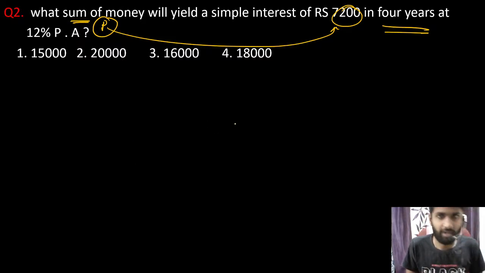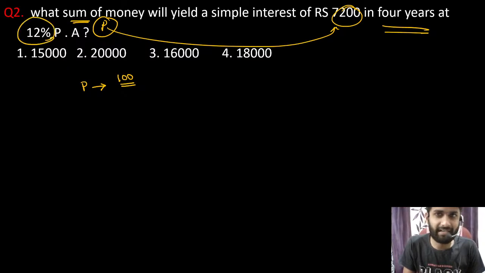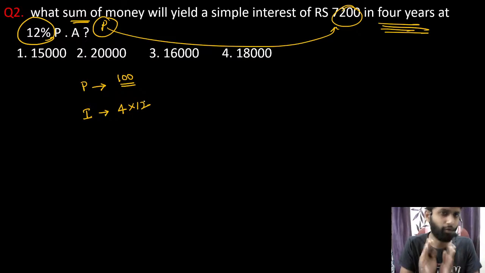Now see, simple guys. Just assume, don't take any value. 12% means you just assume 100 units, guys. 100 units is equal to principal. Now it yields 12% per annum for 4 years. The interest for 100 rupees is equal to 4 into 12. If you feel difficult, take the same value, 4 into 12.